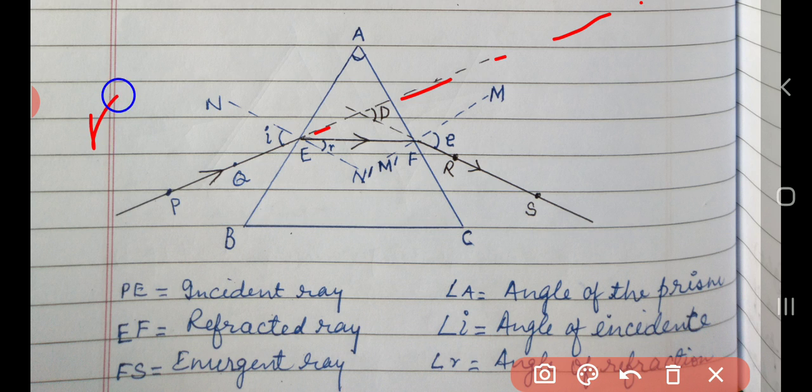Because when light enters from a rarer medium, air is a rarer medium having less optical density, and glass is an optically denser medium.